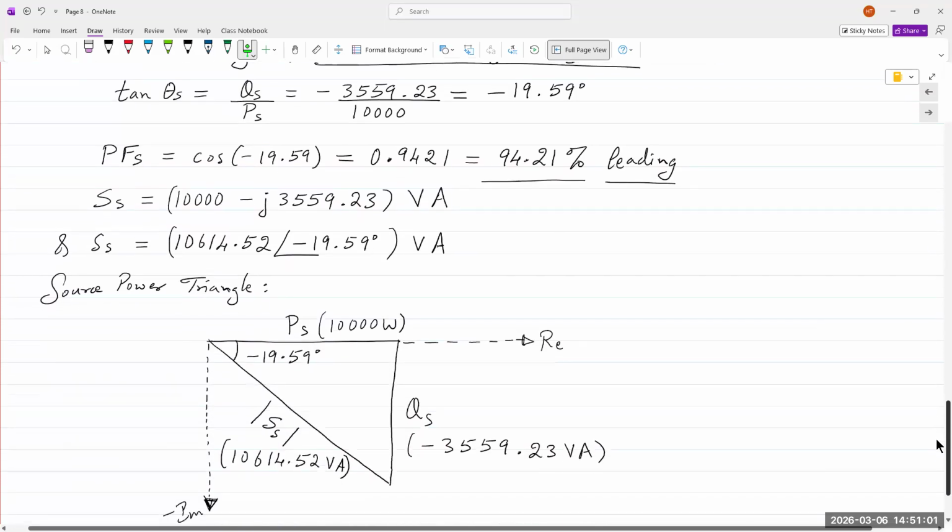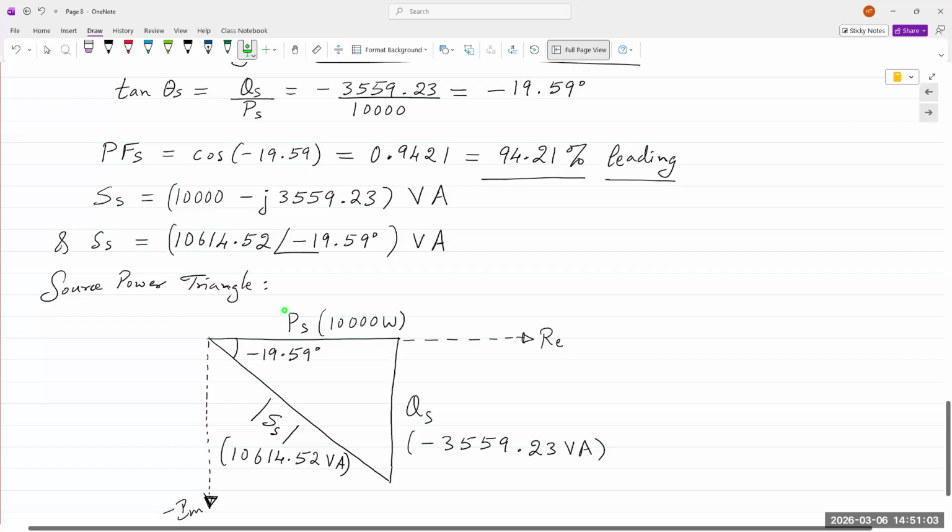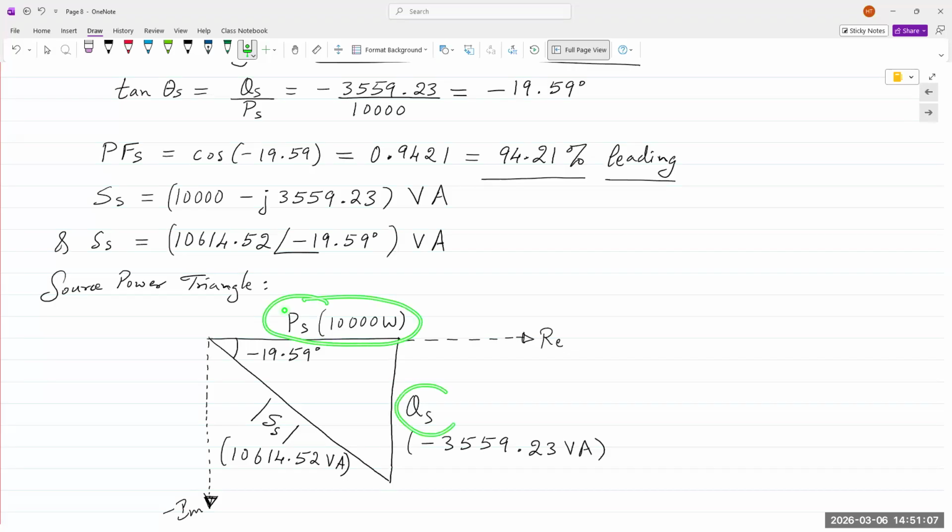So if I wish to find the power triangle for the source, we determine P, we determine Q, we need this angle. And that can be determined from tan theta. Tan theta would be Q over P, gives us minus 19.59 degrees.